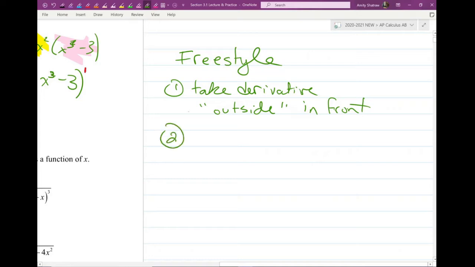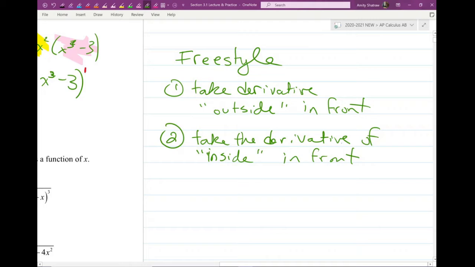Then I will take the derivative of the inside. So I did the outside before, now I want to do the inside, whatever function that is, and I will also put it in front, right next to the other one.